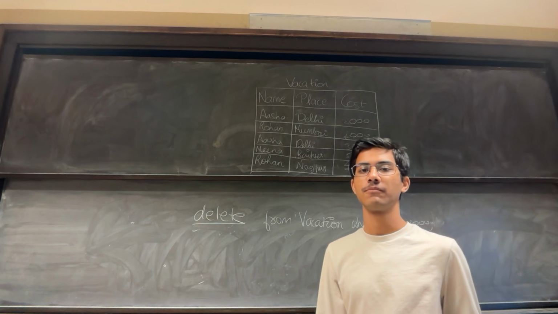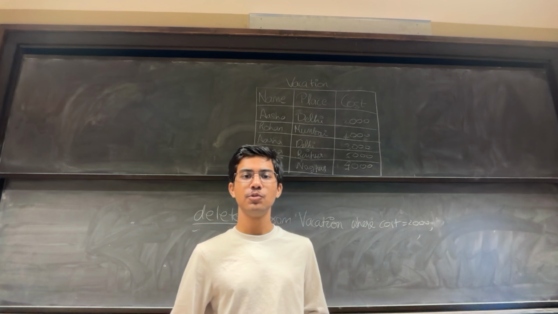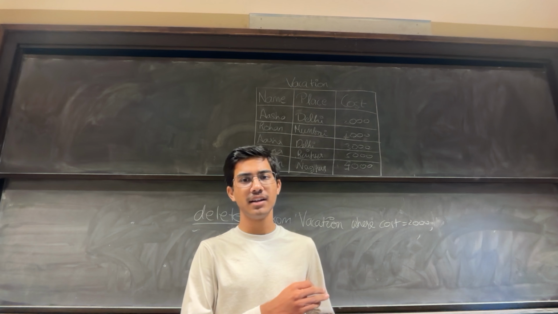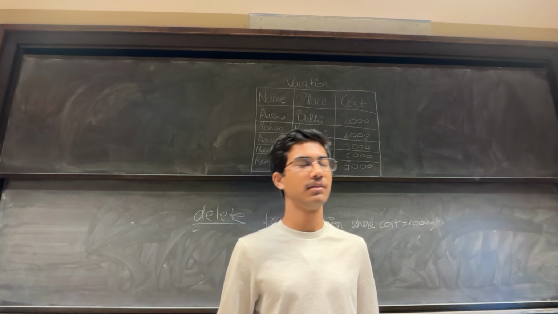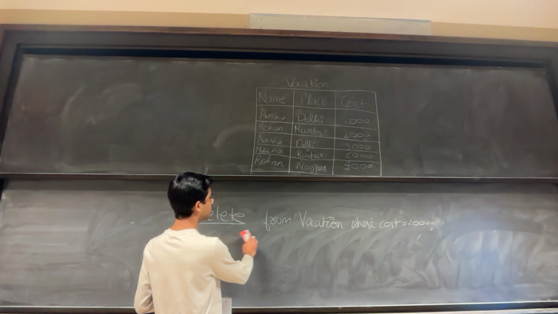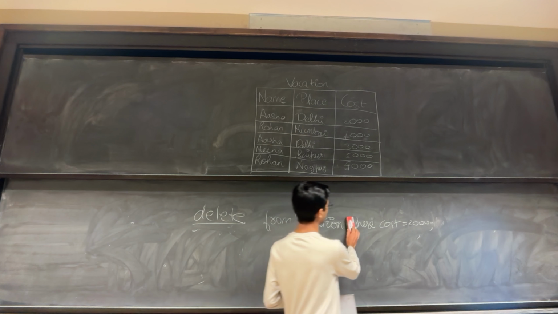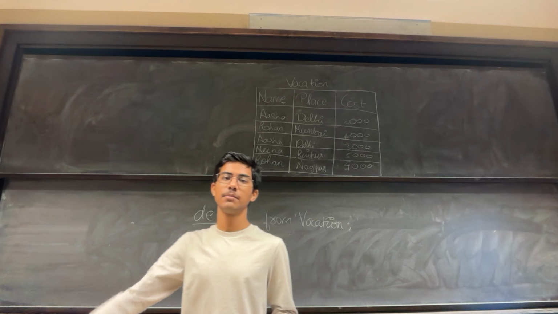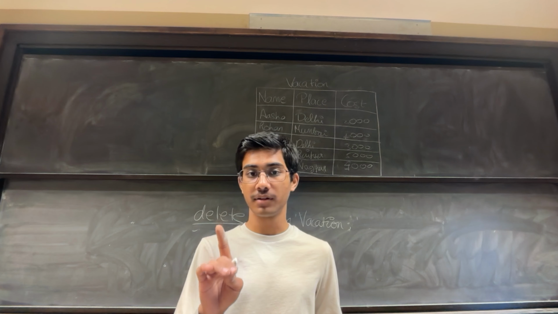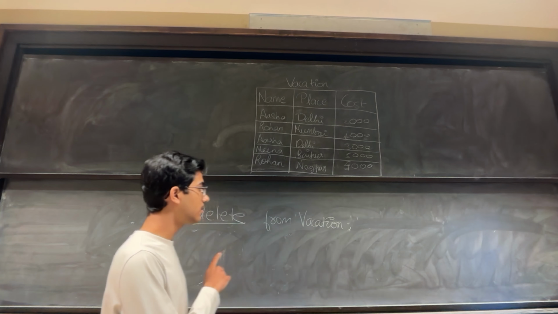Okay. But let's say you made a mistake while entering all the data in the table. Let's say you want to delete the entire data in that table. So what you would do then is you will just write delete from vacation or the table name. So delete from table name, semicolon. So this will clear out the entire data present in the table, but the table still exists. Okay, important. Delete from table name will just clear the table.